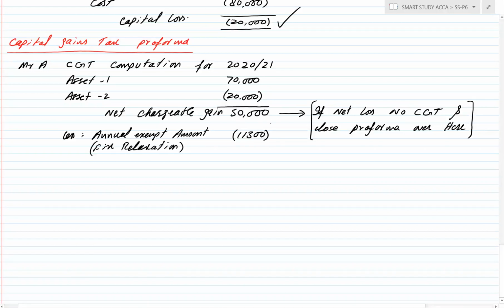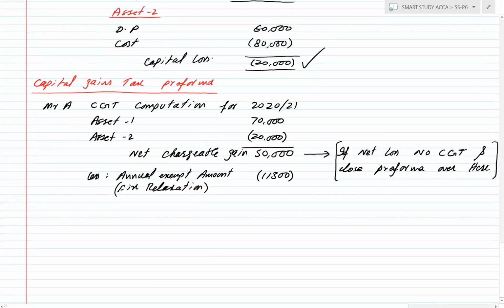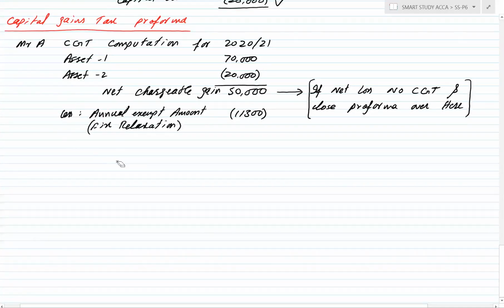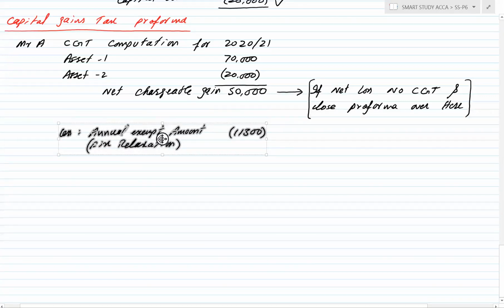Please remember, if we have a net loss over here, then the annual exempt amount will be wasted.